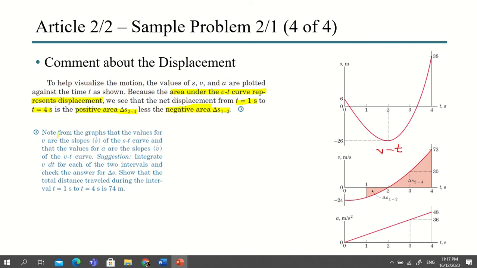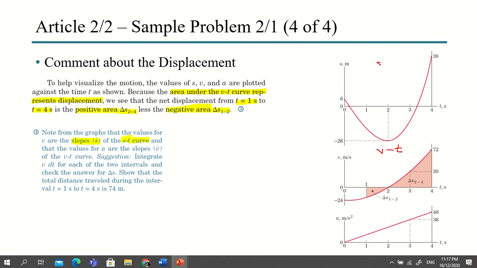You have to take note from the graphs that the values for v are the slopes, denoted by s dot, that is the slope of the st curve. So this is our st curve, class.